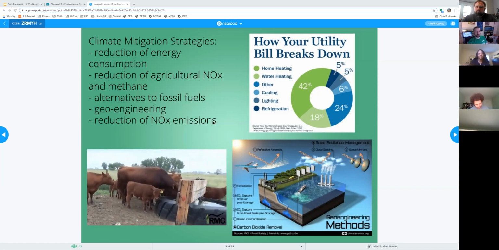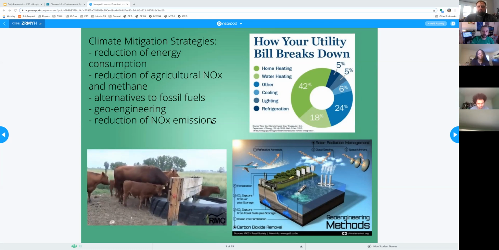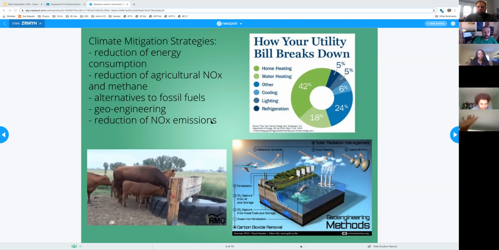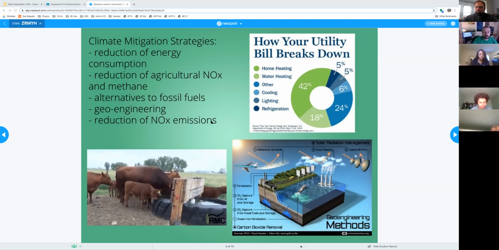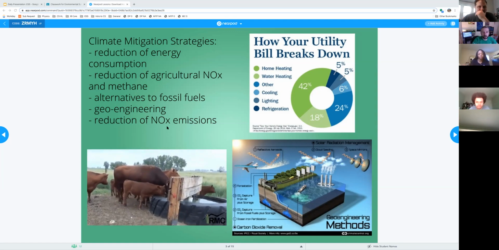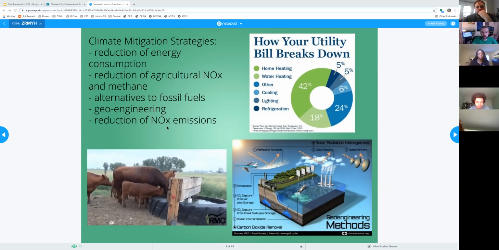Reduction of NOx emissions, that's mostly from transportation, as you may remember. So cutting down on all of these emissions from people driving cars, from trucks. We're seeing that NOx emissions are going way down during this quarantine. All sorts of places have reduced smog, especially Los Angeles.